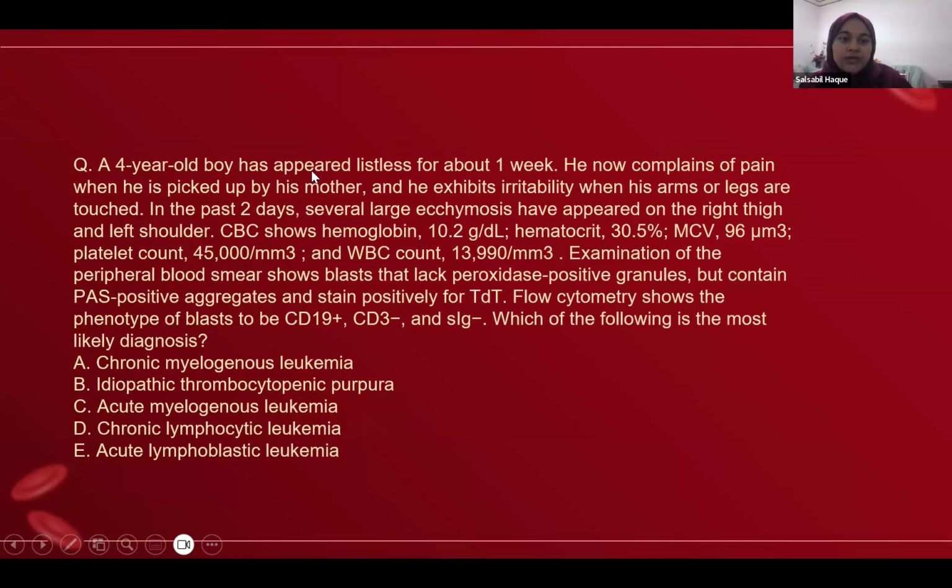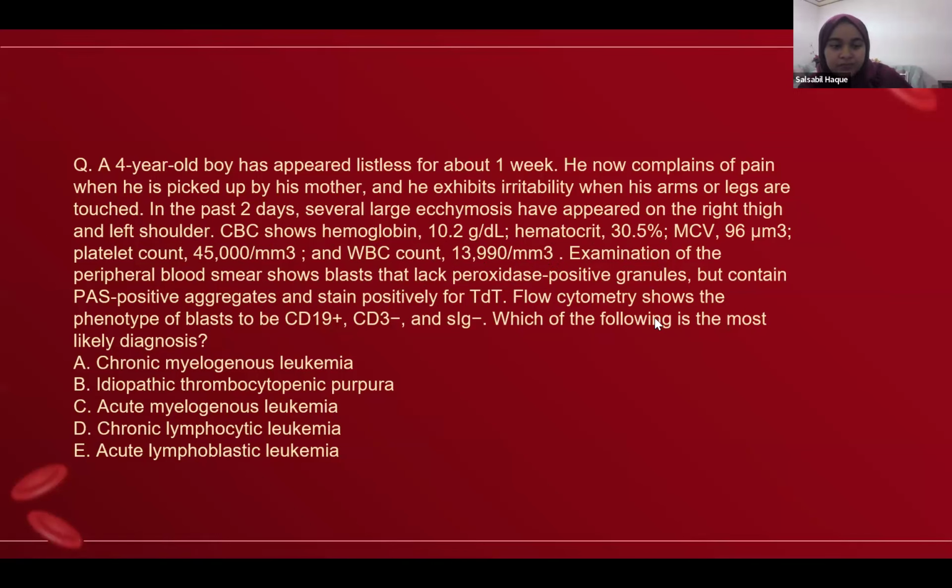So a 4-year-old boy appeared listless. Okay. He now complains of pain when he's picked up by his mother, exhibits irritability when his arms or legs are touched. Large ecchymoses have appeared on the right thigh and anterior shoulder, along with a lot of lab values. And then examination of the PBS shows blasts that lack peroxidase-positive granules, but contain PAS-positive aggregates and stain positively for TdT.